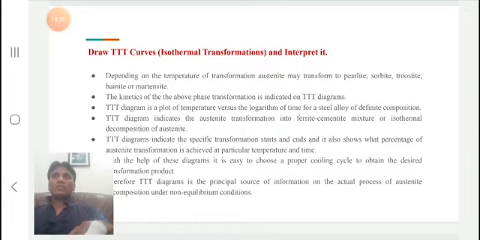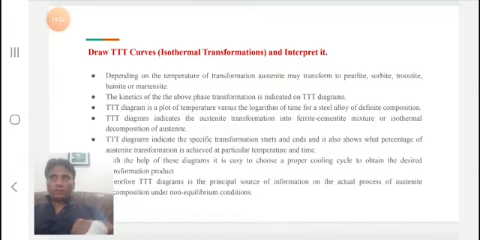So with the help of these TTT diagrams, it becomes very easy for anyone to understand the transformation and how austenite is transforming into pearlite and how austenite is transforming into sorbite or troostite or bainite and martensite.